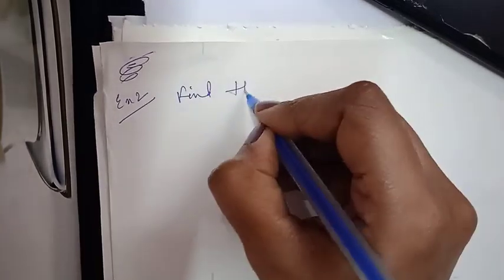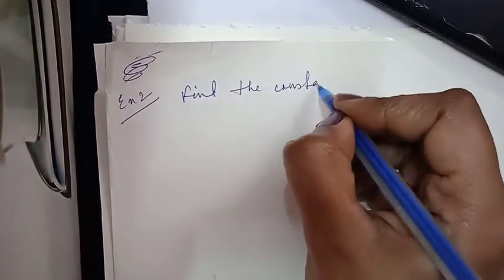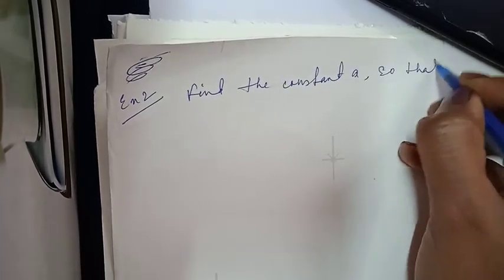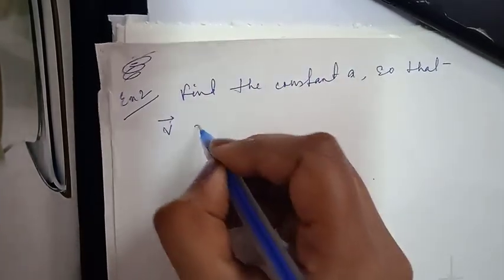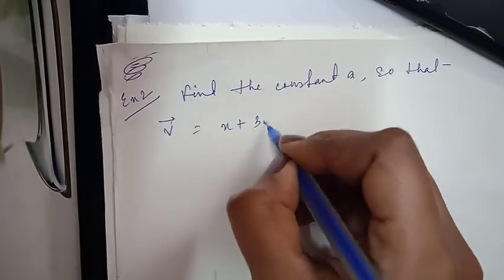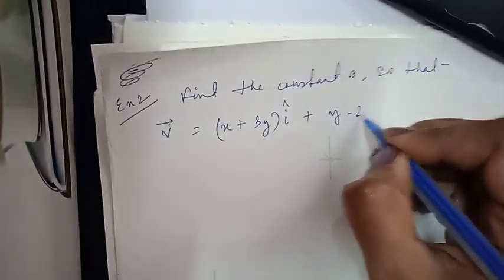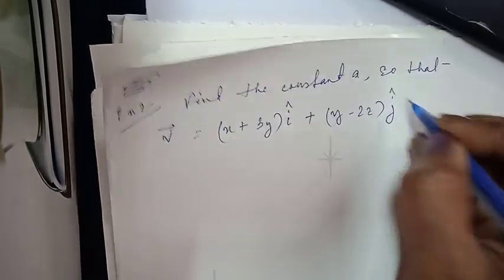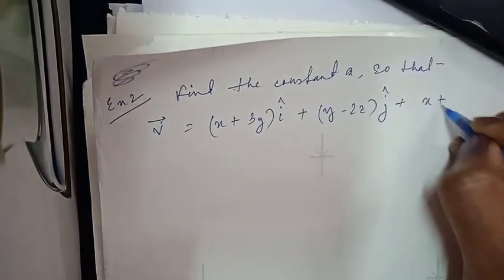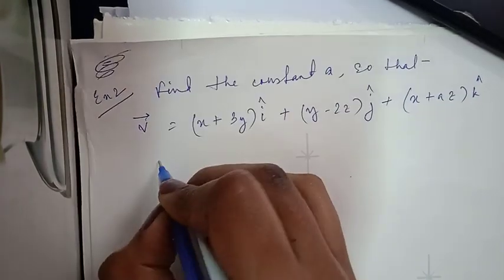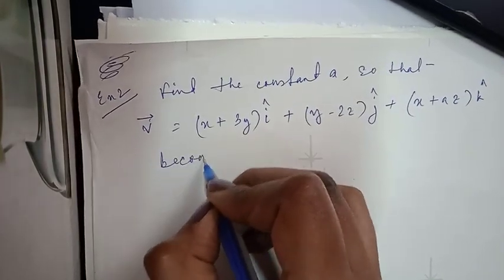Example 2. Find the constant a, find the constant small a so that the vector v equals (x plus 3y) i cap plus (y minus 2z) j cap plus (x plus az) k cap becomes solenoidal.